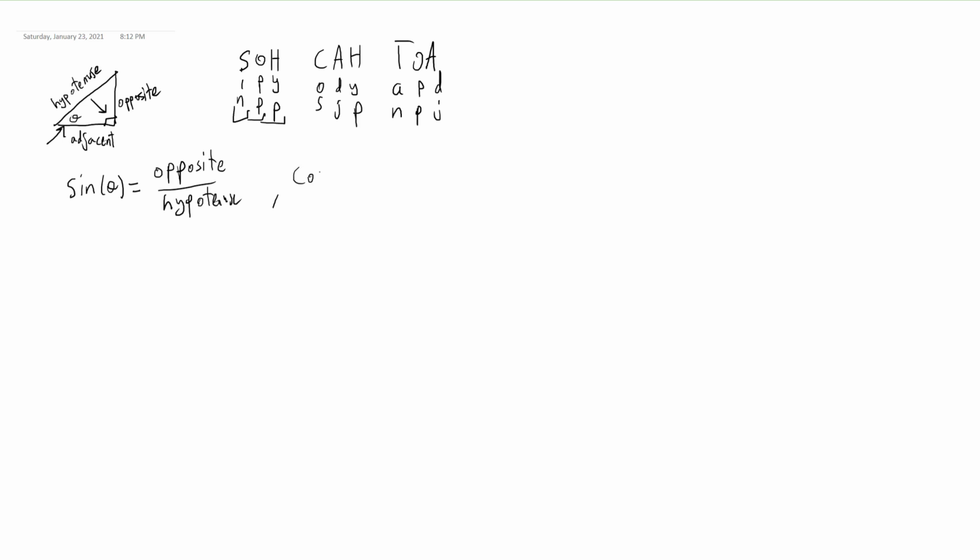Then cosine of the angle theta is the adjacent side length over the length of the hypotenuse. And then tangent of theta is the length of the opposite side over the adjacent side. And that's how these trig functions are typically defined on a right triangle.